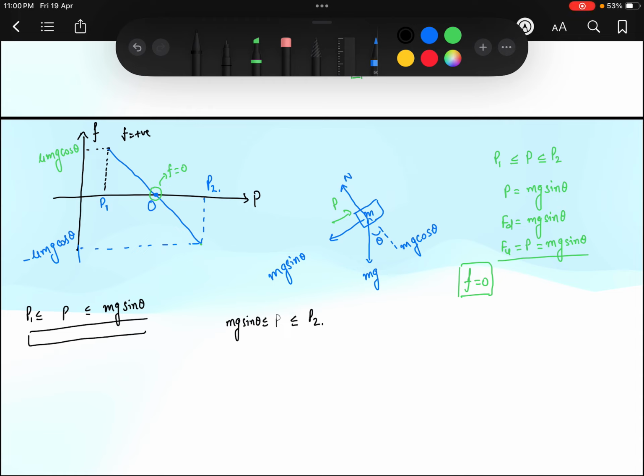So in this case your friction force will be acting in upward direction, and in this case your frictional force will be acting in downward direction. Upward and downward mean along the plane, okay, it is also along the plane.